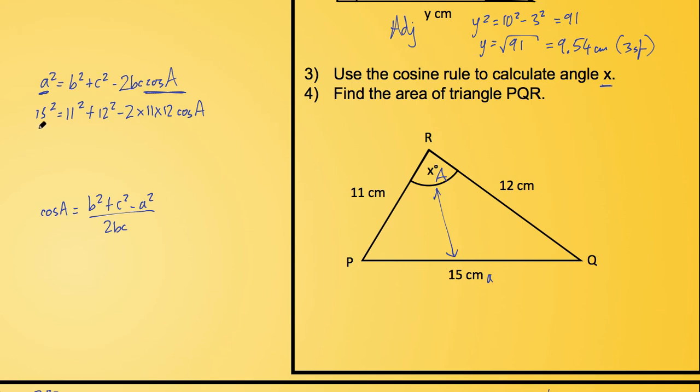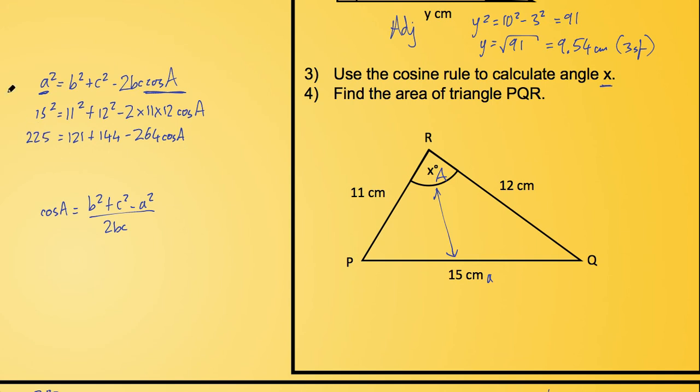So 15 squared is 225 equals 121 plus 144, 11 squared and 12 squared, minus 2 times 11 times 12 is 264 cos a. If I'm using this version and trying to get cos a on its own, I'm now going to subtract these from the other side.